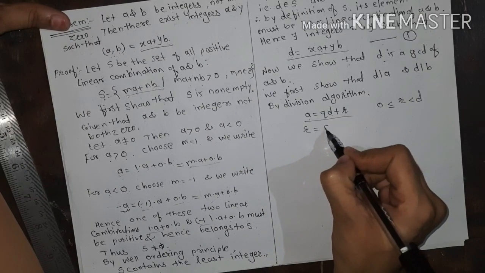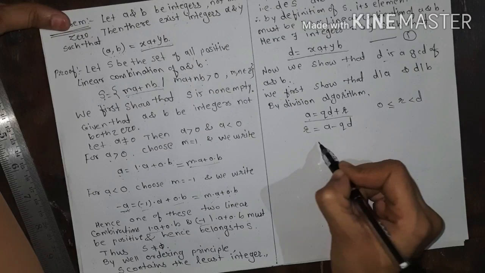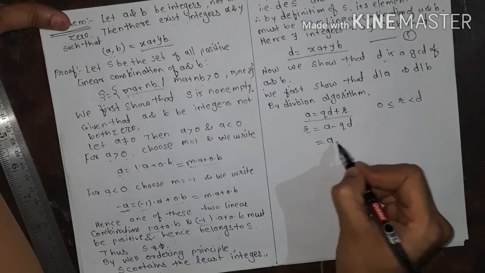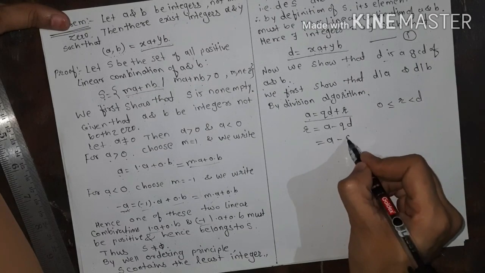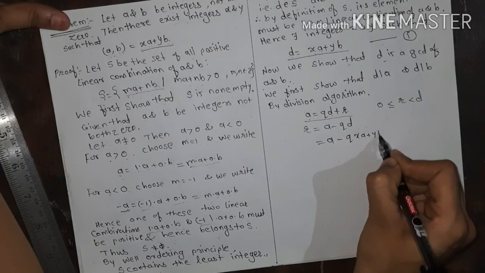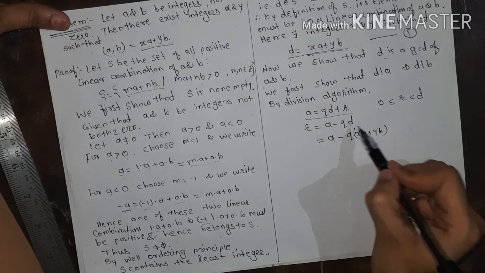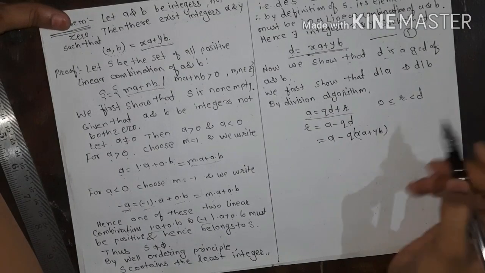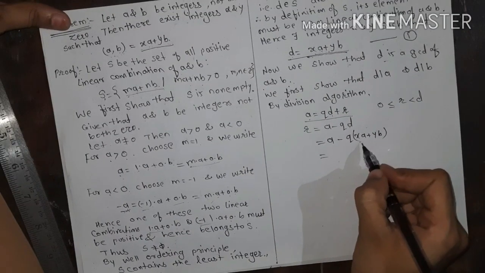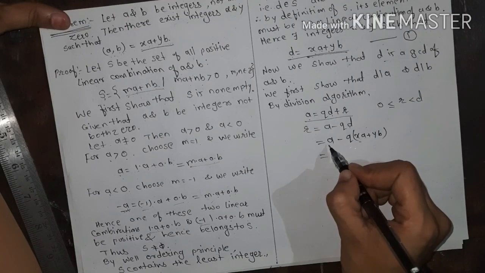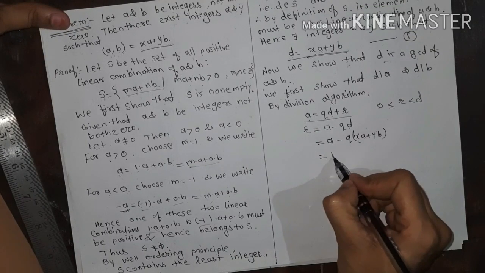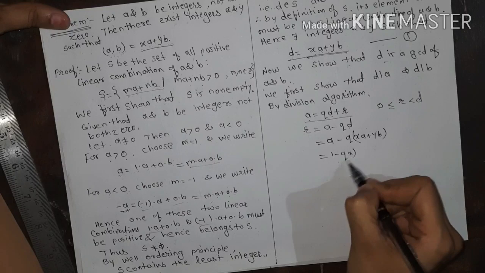as a minus q into d, and from equation 1, d can be written as xa plus yb. So substitute the value of d here: xa plus yb, which is equal to, now taking the common a here, 1 minus qx into a.